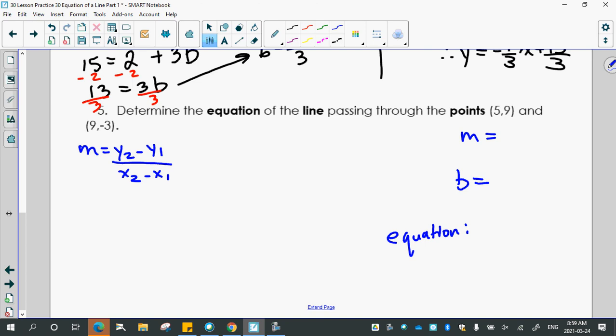So label your first point. That's going to be the point 5, 9, which is x1, y1. And label your second point x2, y2. Remember these are subscripts, so the first x we come to is x subscript 1, y subscript 1.